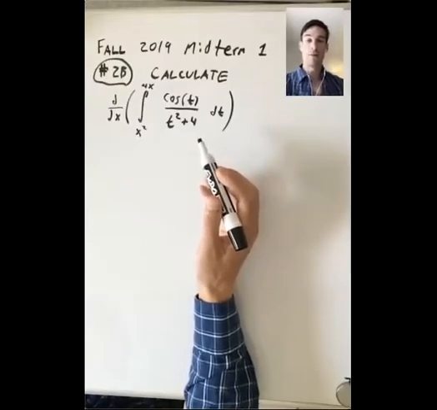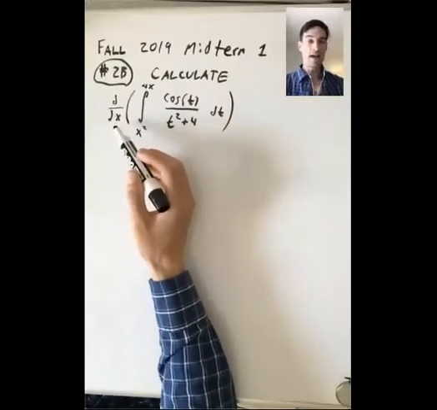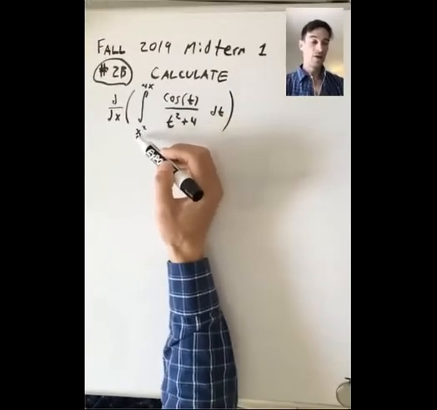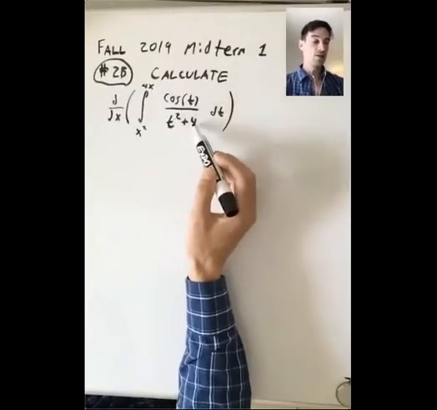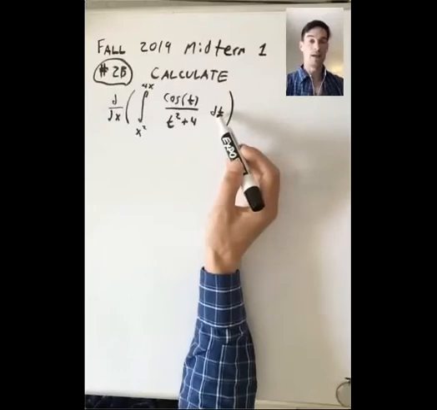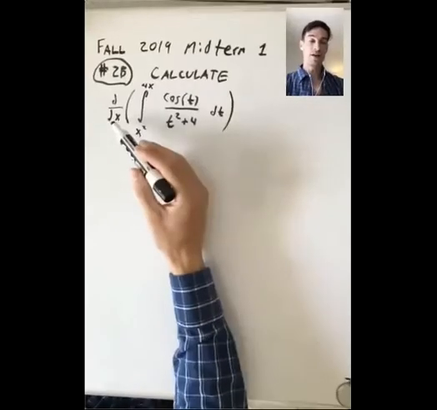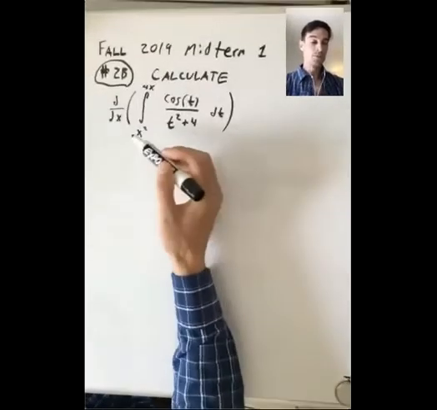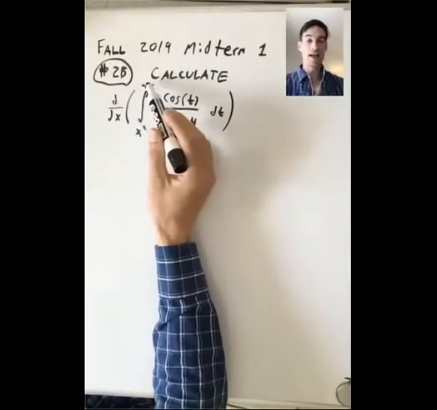So here's the problem. We want to calculate the derivative with respect to x of the integral from x squared to 4x of cosine t over t squared plus 4 dt. The first thing to note is we can't apply FTC1 right away, because FTC1 applies to the derivative of an area function which starts at some number, c, and ends at x.